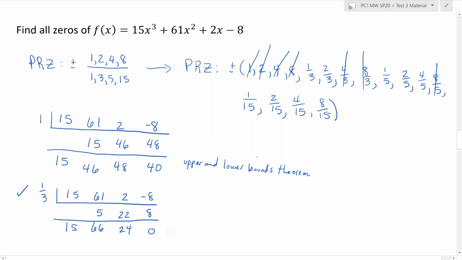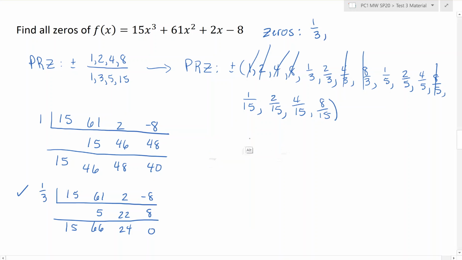I will go ahead and list that then up here. All right, my zeros. This is different than the possible rational zeros. These are definitively my zeros, not just possibilities. Okay, now 1/3 worked. We know because of the problems that we had before where you have multiplicity, it could work again.